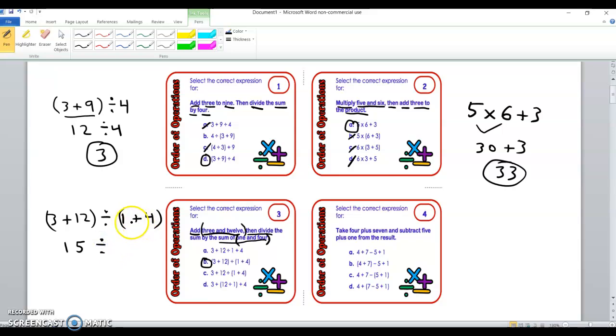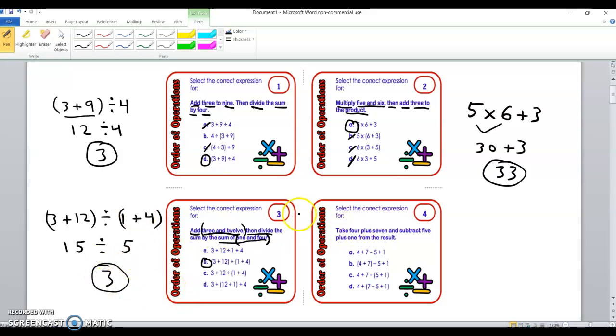Then 1 plus 4 is 5. So 15 divided by 5. Oh, I'm sorry, I didn't need the parentheses for this. Okay, so 15 divided by 5 is going to be 3.